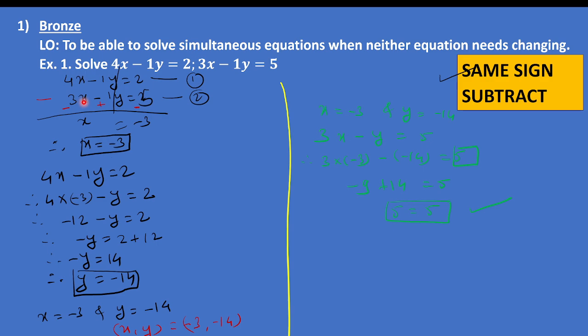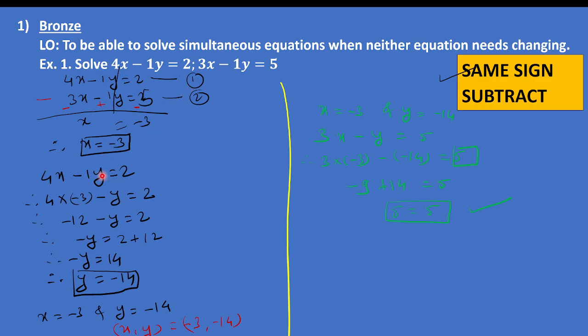So this 3x was originally plus, it got changed to minus. Minus 1y was originally minus, it got changed to plus, and this plus 5 got changed to minus 5. So now after cancelling this, I'm getting x equals minus 3. After this, to get the value of y, I'm going to put this value in any one of these equations.